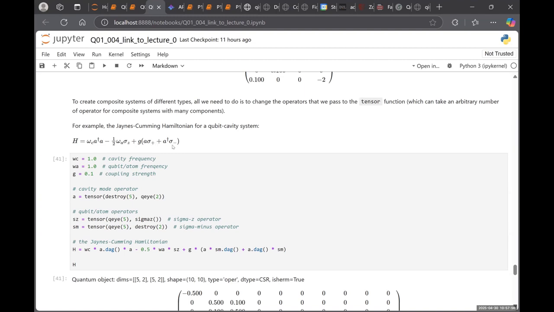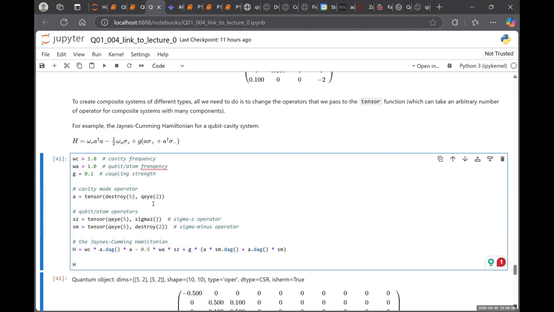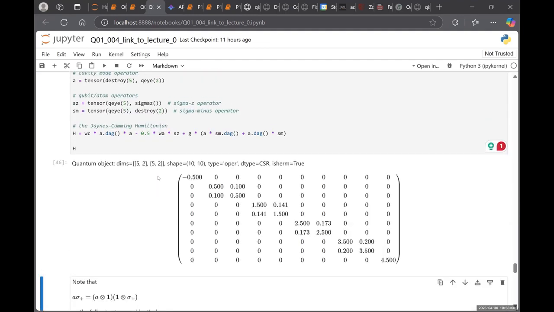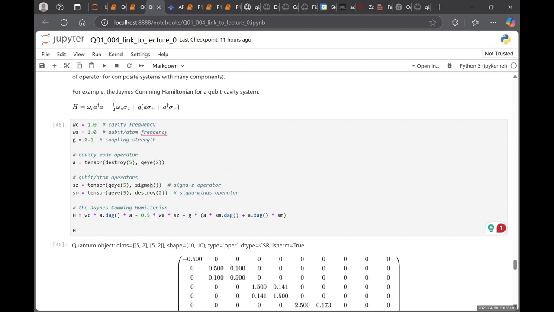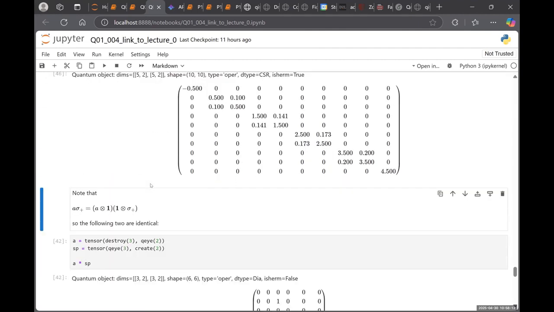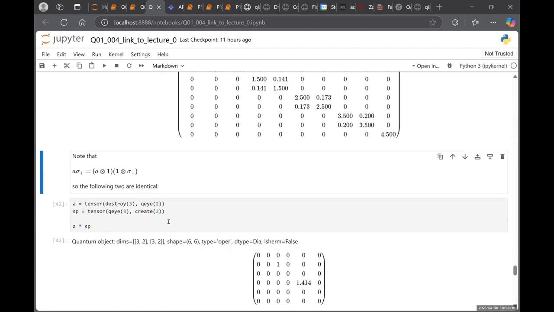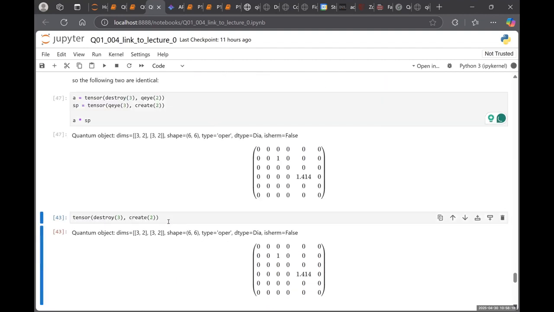For example, you annihilate a photon and then the spin gets flipped to up. This is what this Hamiltonian describes. So you can have this sort of mix. In Qiskit, of course, we cannot do that, but QuTiP allows you to do that.